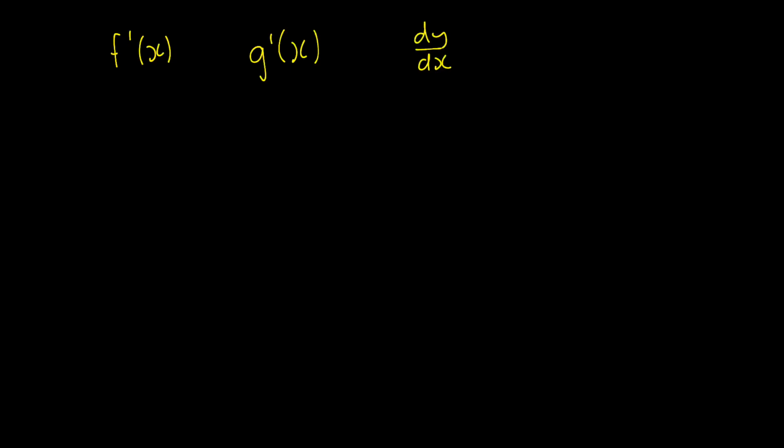That means the derivative of y with respect to x. Another way that we can show it is d over dx. A fifth way we can show it is y prime. In the next few examples, I'm going to be showing you all of these.